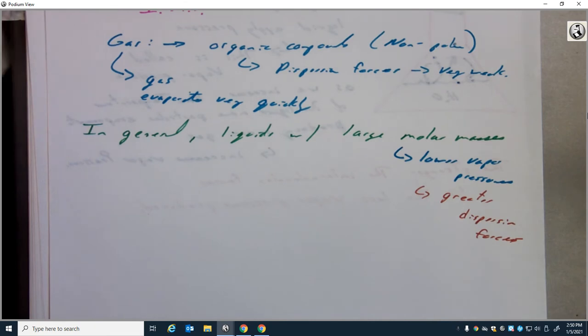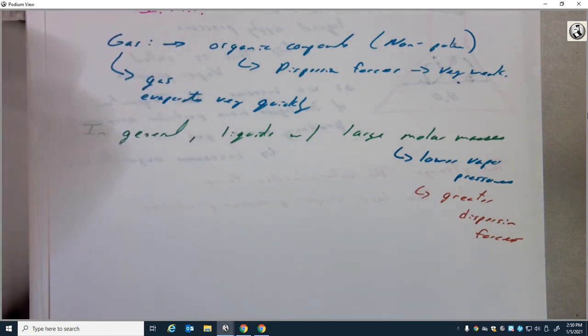So what if we have liquids with hydrogen bonding, like water?